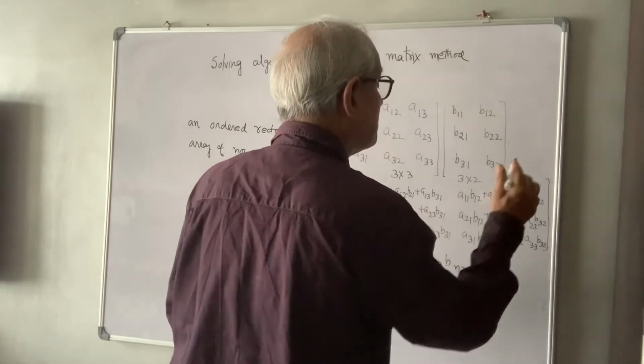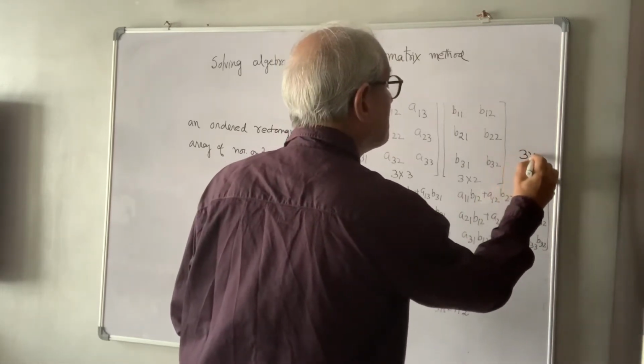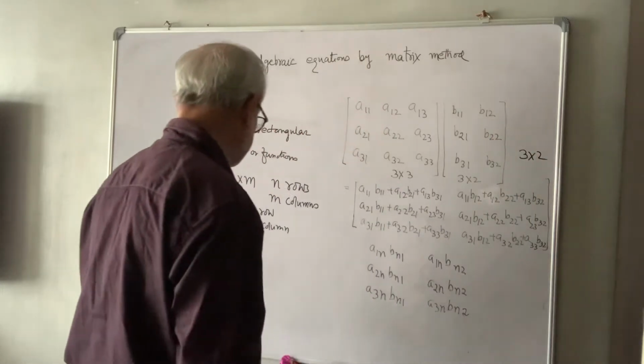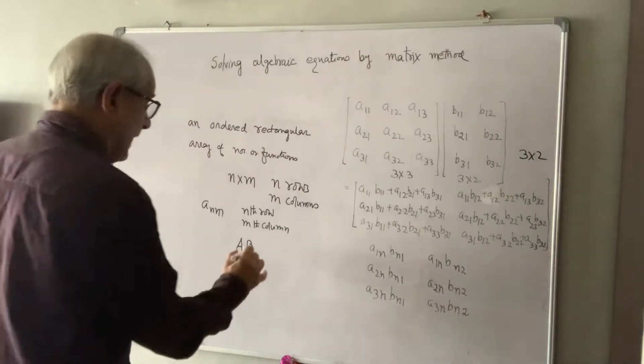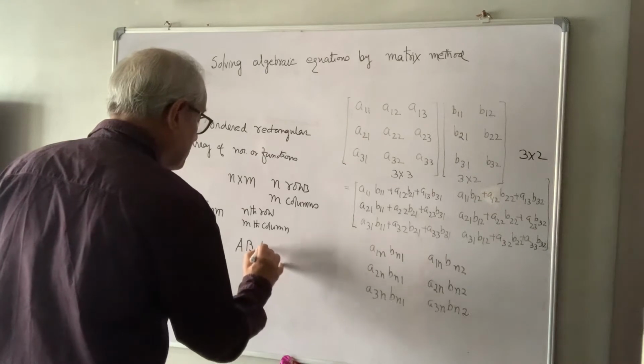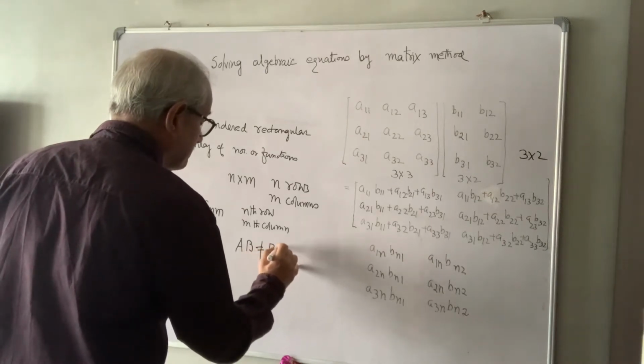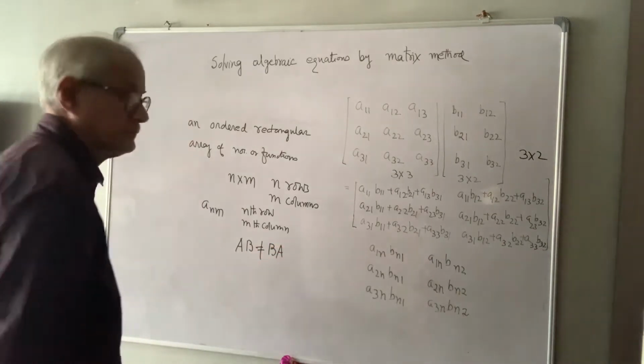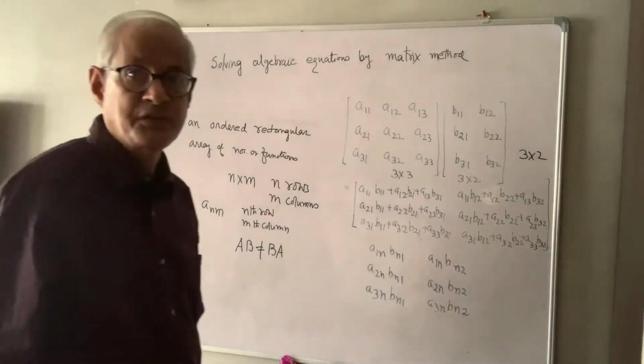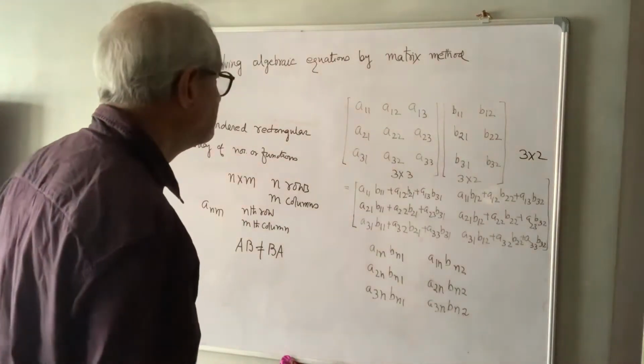This matrix order will be 3 by 2 after multiplication. And generally AB is not equal to BA. That is, matrix multiplication is not commutative.